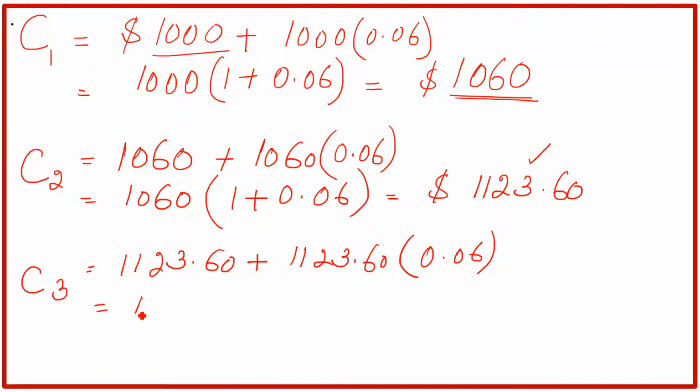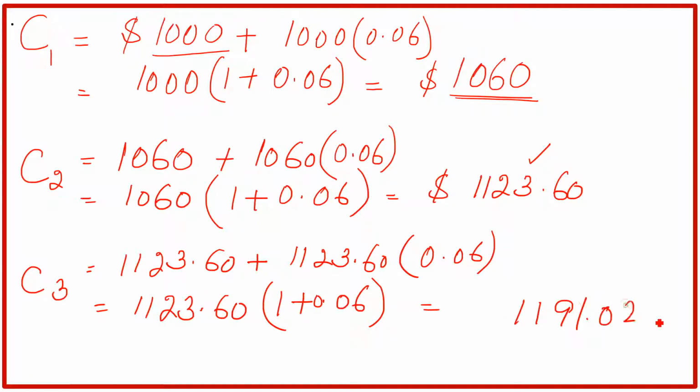If I take 1123.60 common, because we have it here and here as well, here we have 1.06 left. It will be 1.06 multiplied by this, then you will have $1,191.02 at the end of the third year.